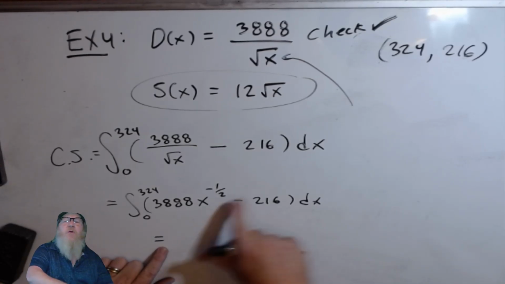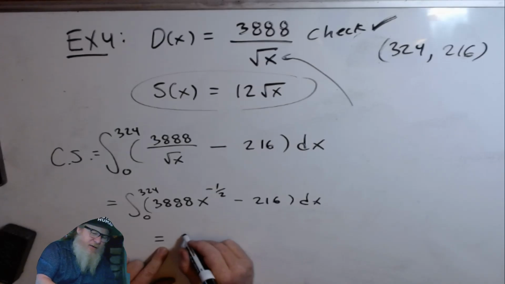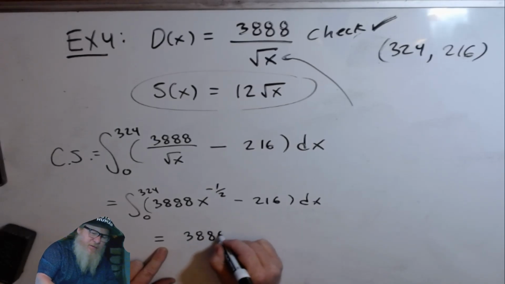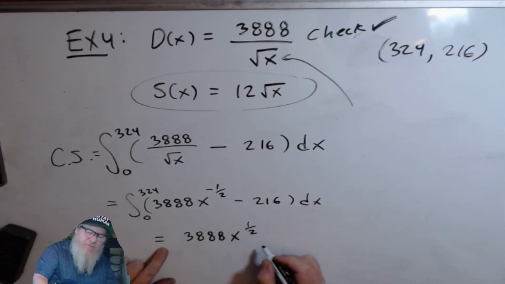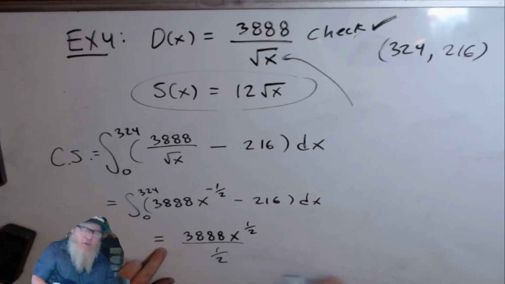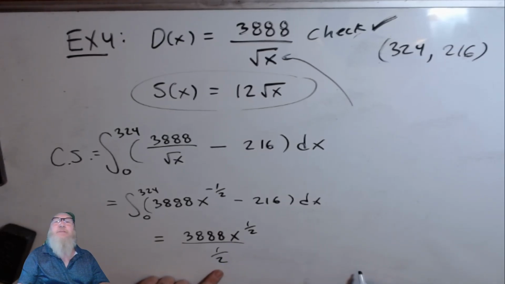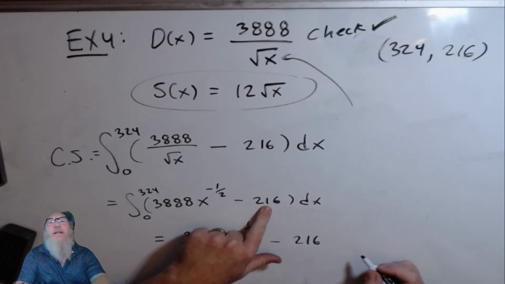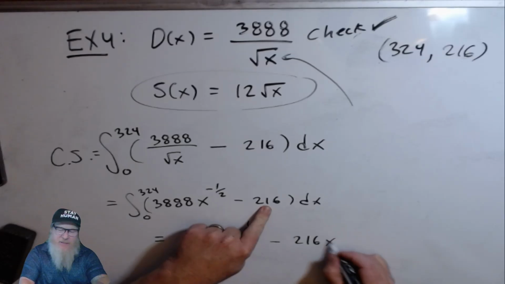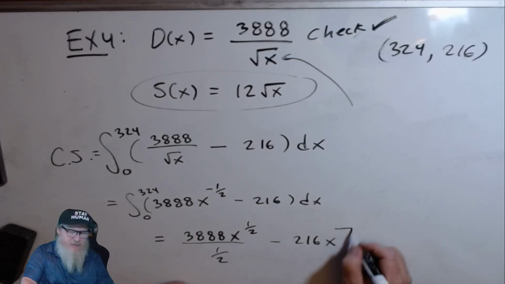So do it before and then do the antiderivative. So you're going to add 1, so that's going to become 1/2, and then you're going to divide by 1/2, which, by the way, is the same as multiplying by 2, which I'll do in a second. And then this one's pretty straightforward. The antiderivative of a constant is just the constant times x.